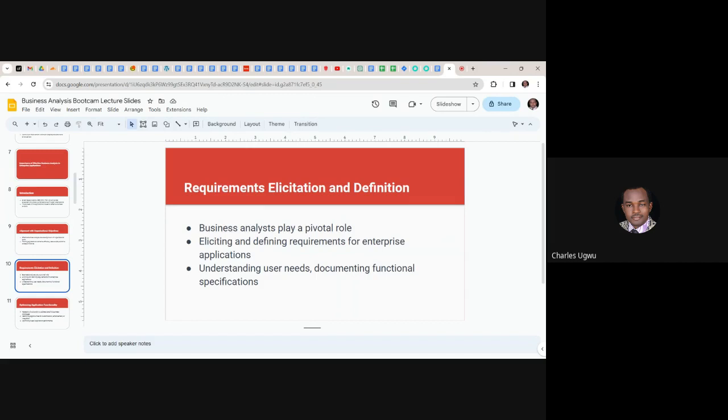With experienced business analysts, it's very easy to understand requirements. That is the basic function of a business analyst. It's very basic. To understand the requirements, you have to be capturing requirements. All these requirements you are capturing, they are all centering around enterprise application.